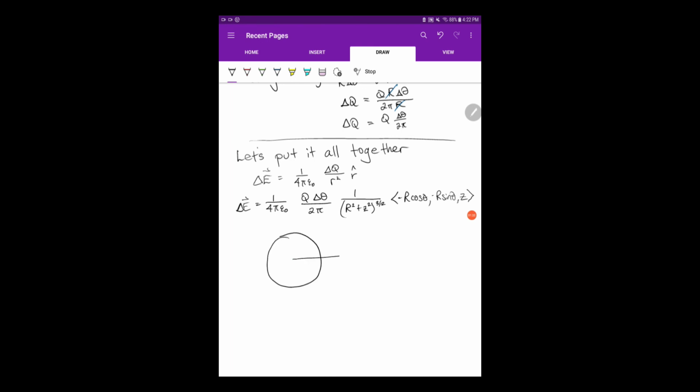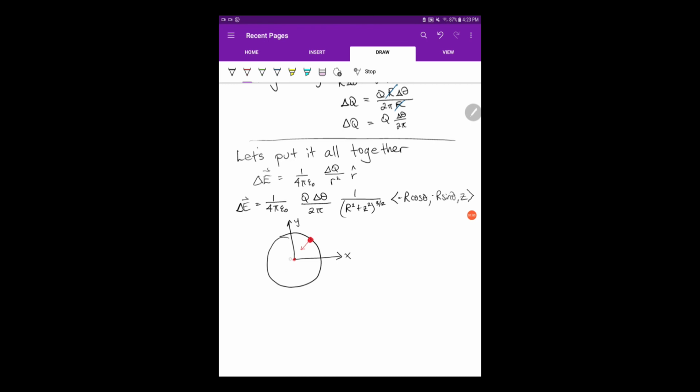And so in the xy plane, we have this ring of charge, and if I put a charge on this side, and let's say it's positive, it will have an electric field that points away from it in all directions, but I'm considering along the z-axis, which points towards us from the origin here.